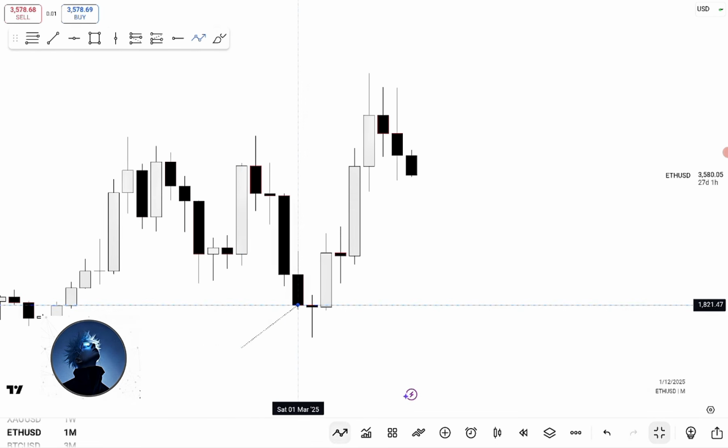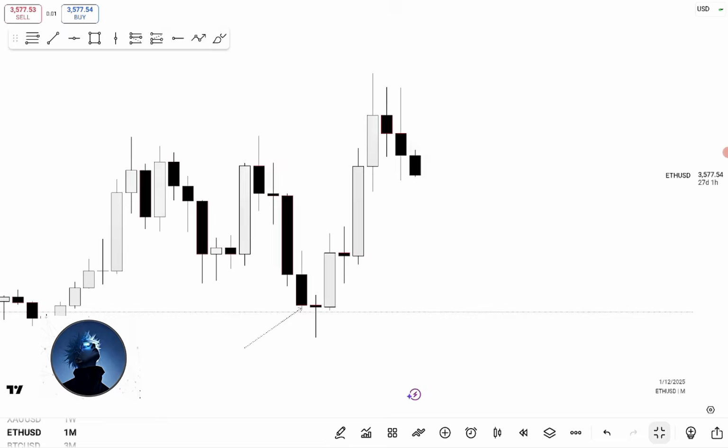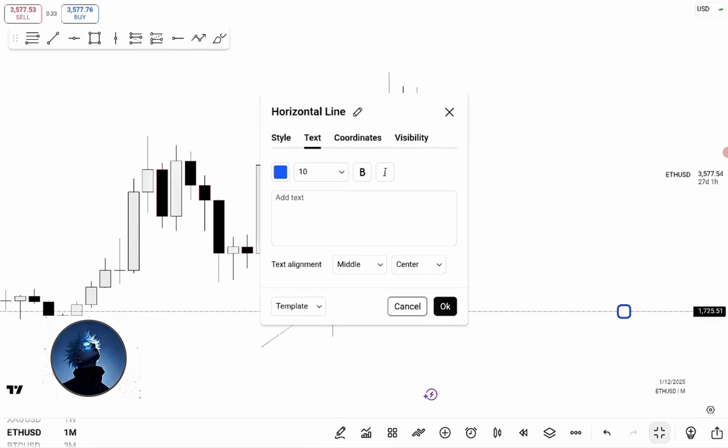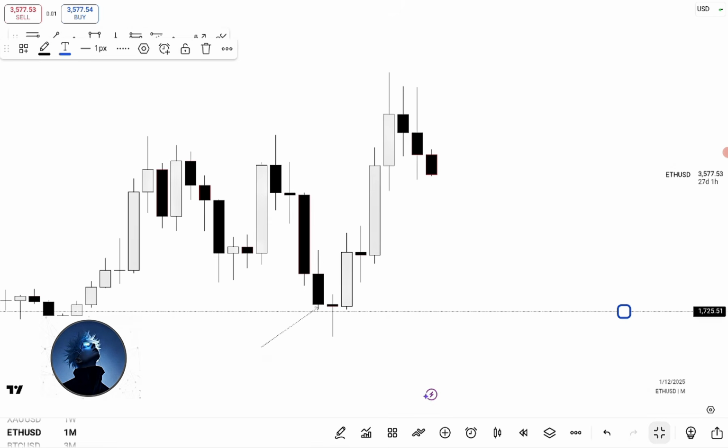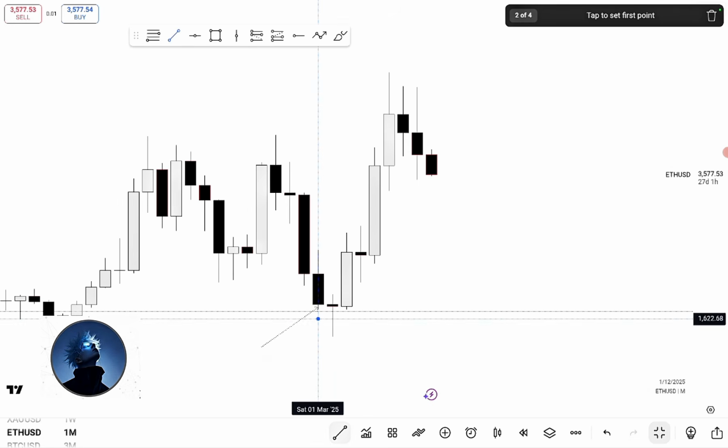So let's say this here is candle A, and candle A closed below this region. This is where candle A closed, if I'm not mistaken. Excuse me. Yeah, so this is where candle A closed, right here.